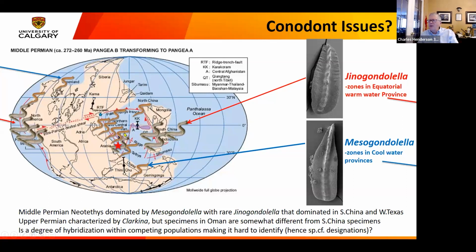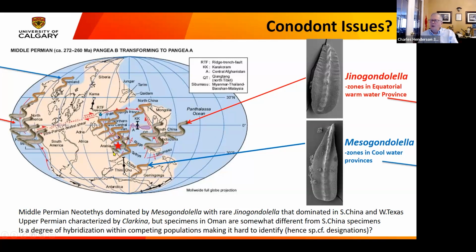Here's Oman, and this is an area right on the boundary between our water masses, where I've shown these two different colors and sizes of a conodont animal to designate the Genogondolella and Mesogondolella populations. And I think there's an intermixing.